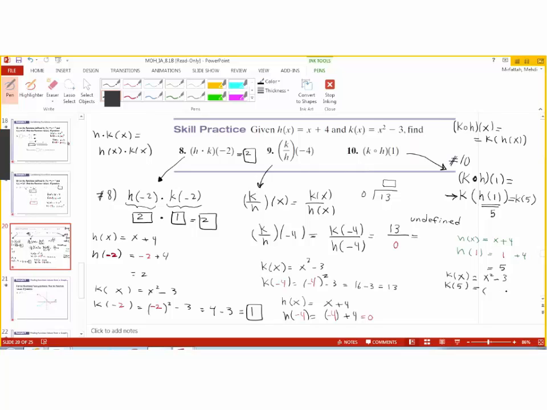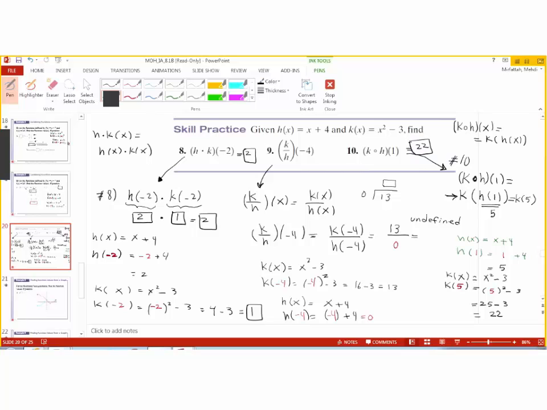And then you plug in the 5 for the X. 25 minus 3, very good, which is 22. Yes, exactly. So you put the square here. So 25 minus 3 is equal to 22. That's exactly right.